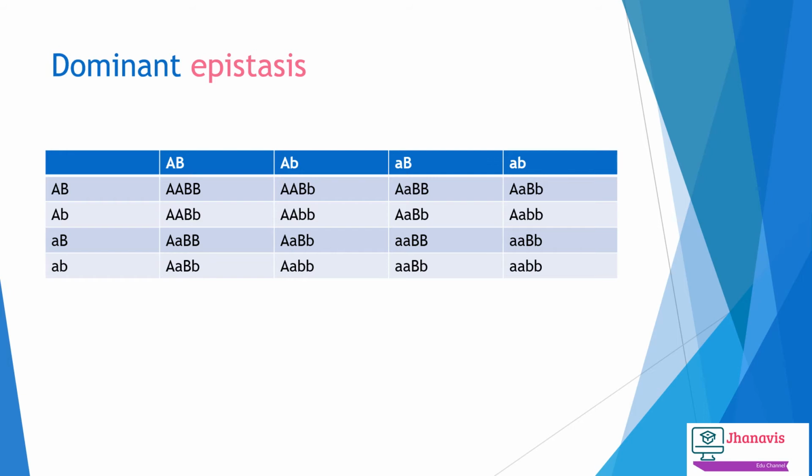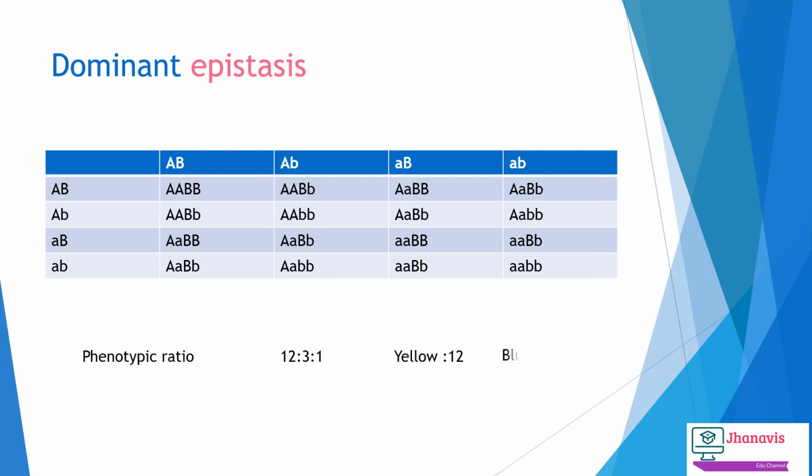So the gametes produced will be capital A capital B, capital A small b, small a capital B, and small a small b. So when these gametes are crossed with each other, we will get a dihybrid cross in which the ratio will be 12:3:1.